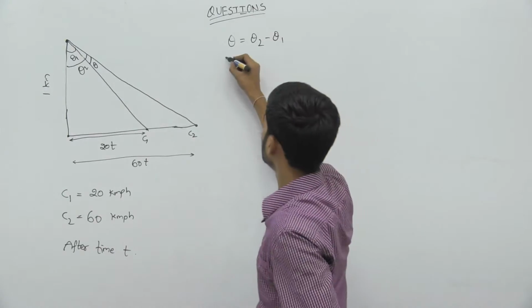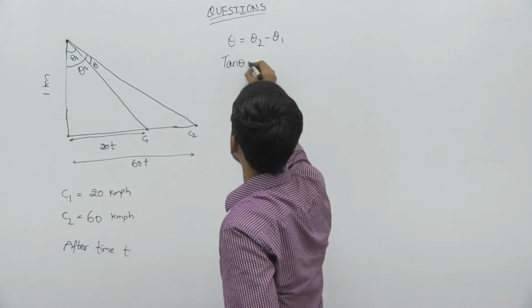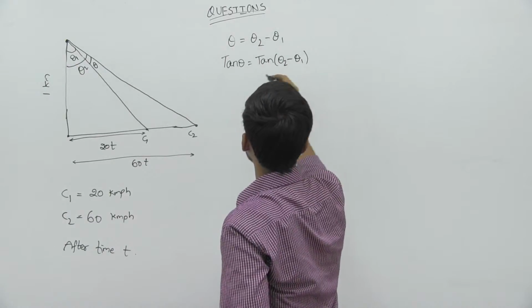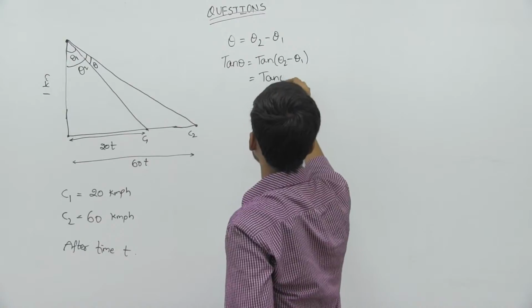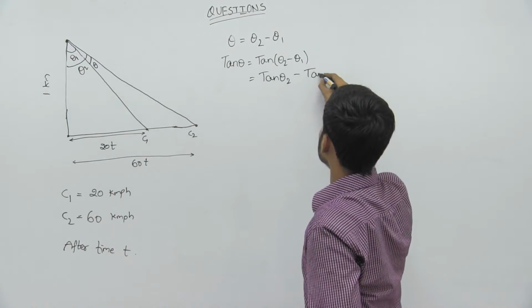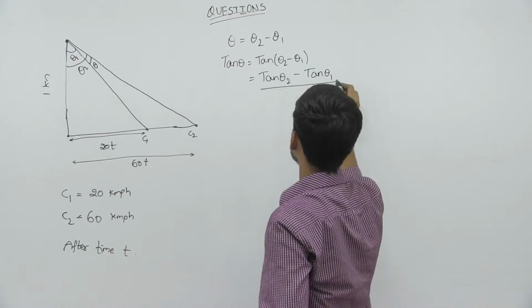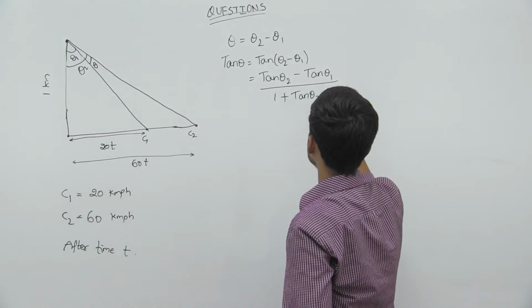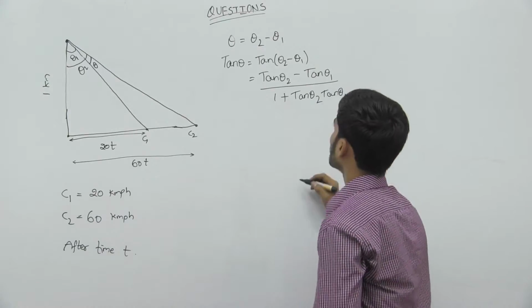Applying tan, we have tan theta equals tan of theta 2 minus theta 1, which is tan theta 2 minus tan theta 1 by 1 plus tan theta 2 tan theta 1.